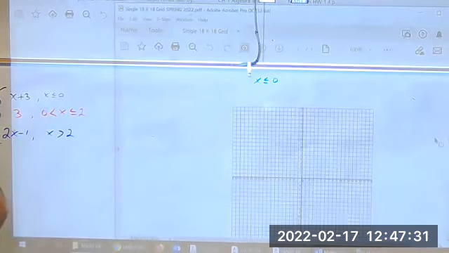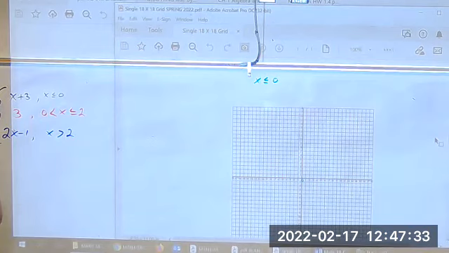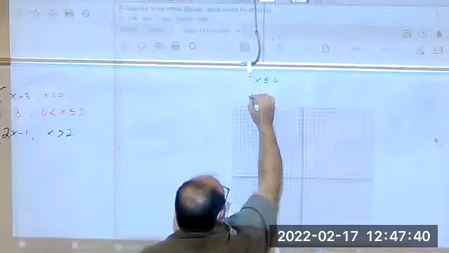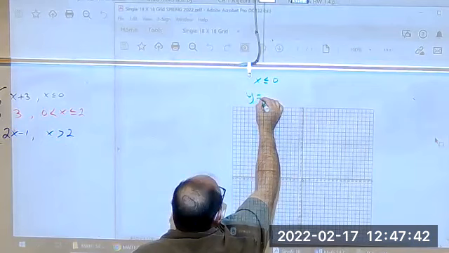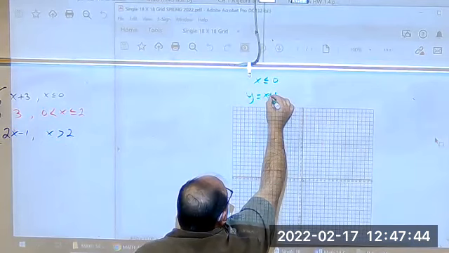remember what this f of x function represents. It represents y. Y is equal to, on this side, just x plus 3. That's what's happening to the left of the 0.